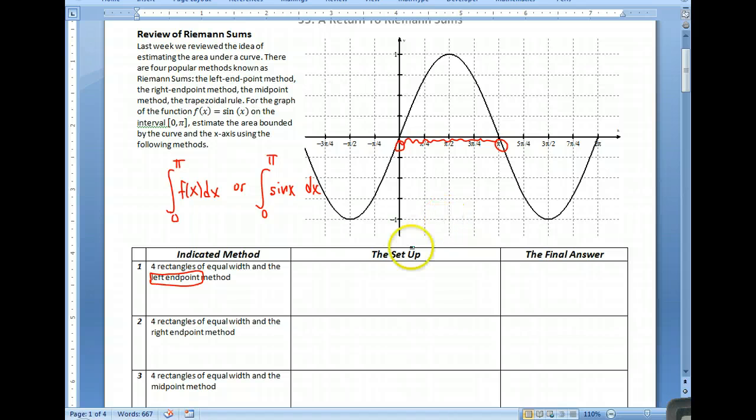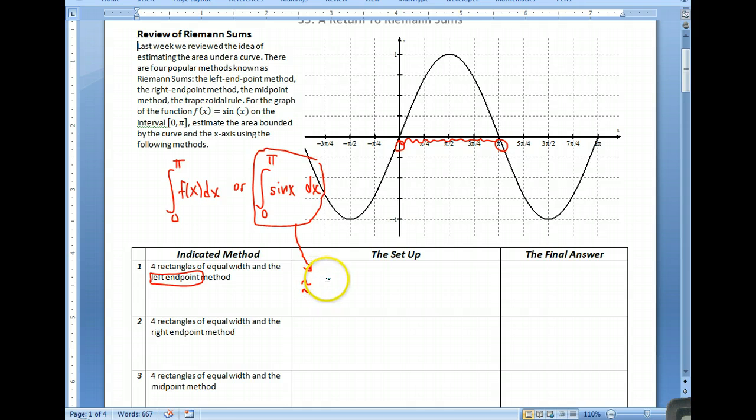Sometimes those numbers aren't that nice. So the area, or this, is going to be approximated. What would this setup be? How many rectangles do I make? 4.